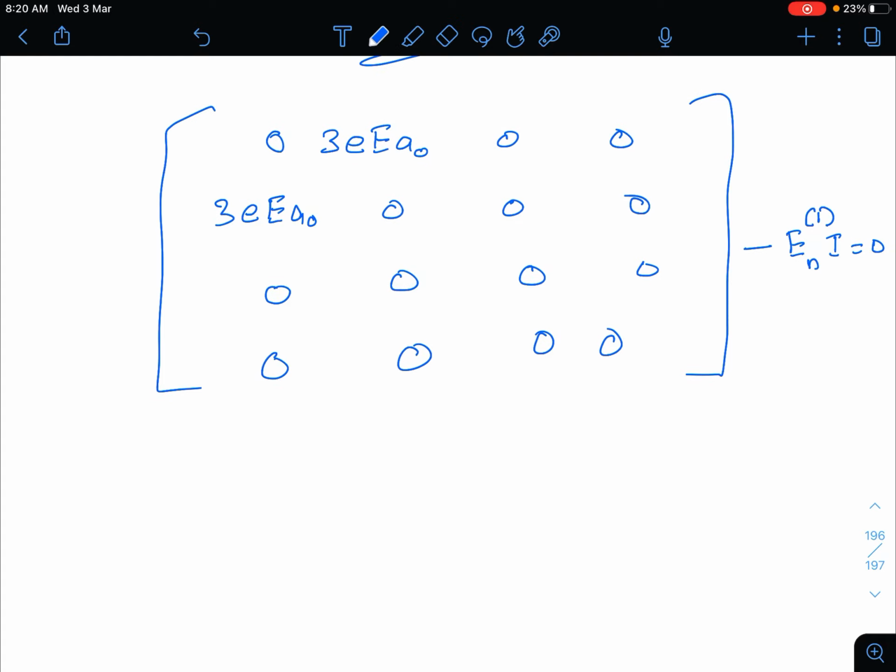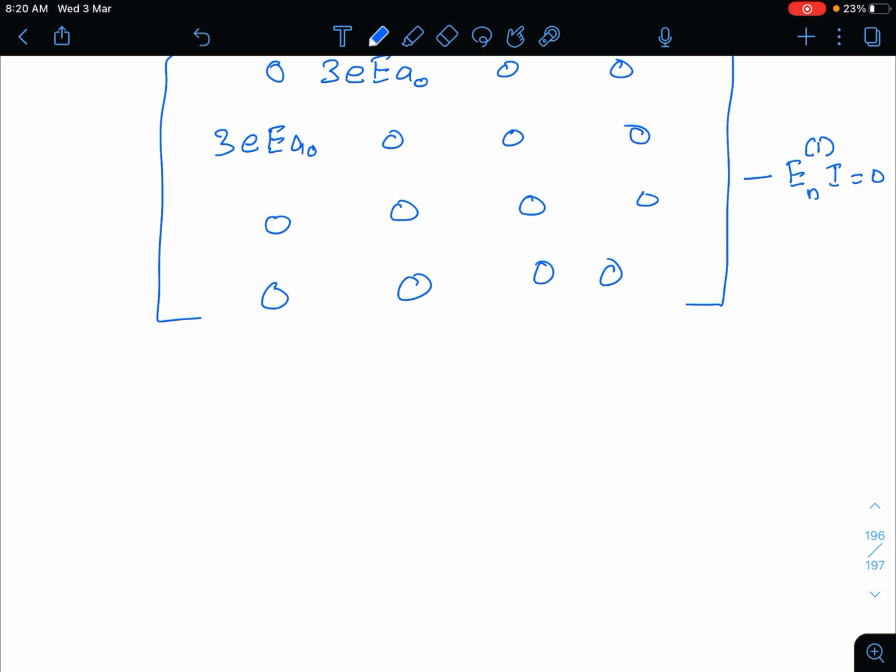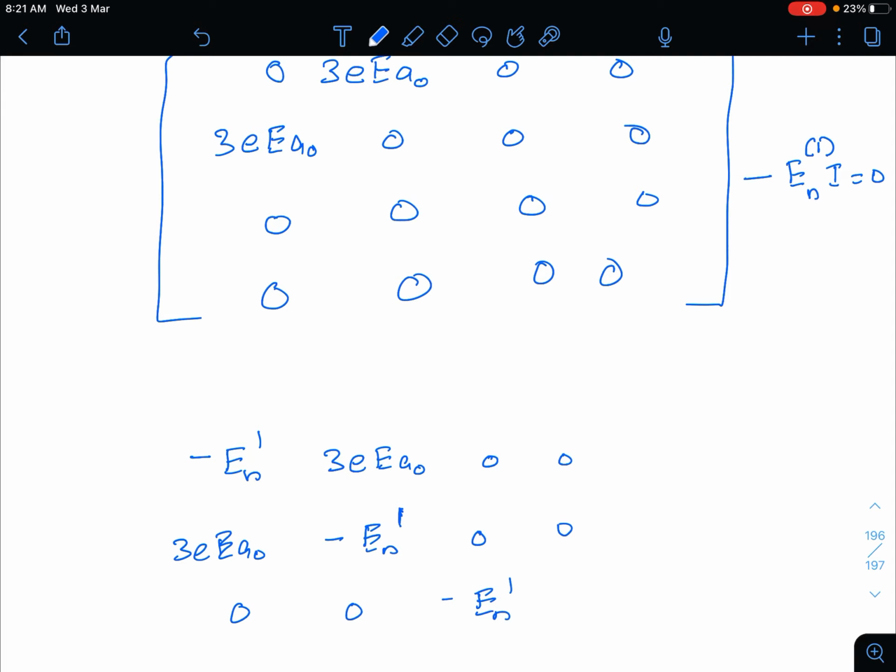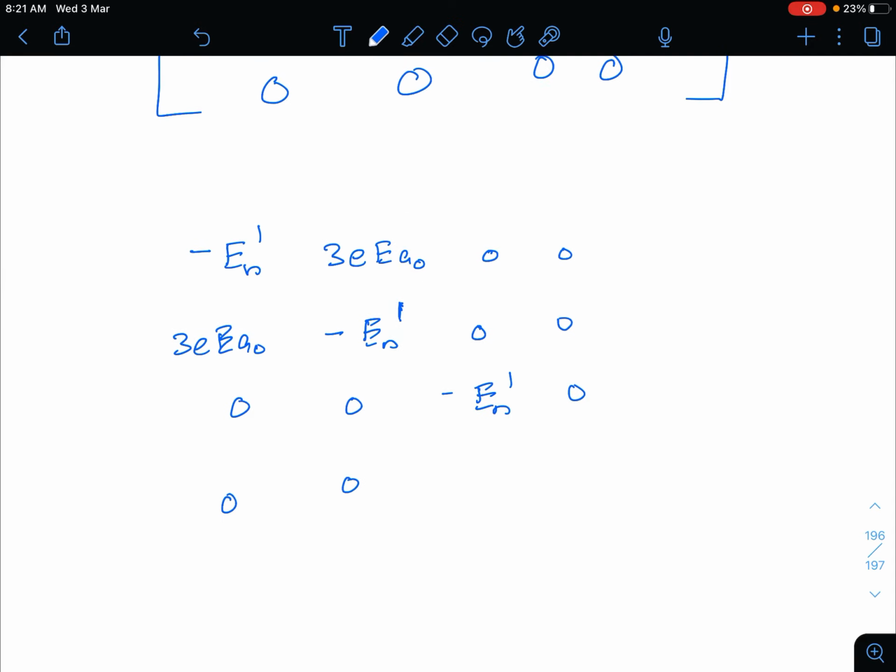So when I put it, this becomes minus E_n^(1), 3 e a0, 0, 0; 3 e a0, minus E_n^(1), 0, 0; 0, 0, minus E_n^(1), 0; 0, 0, 0, minus E_n^(1), is equal to 0.